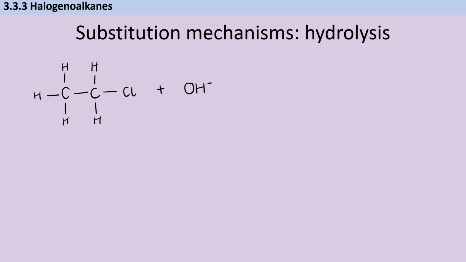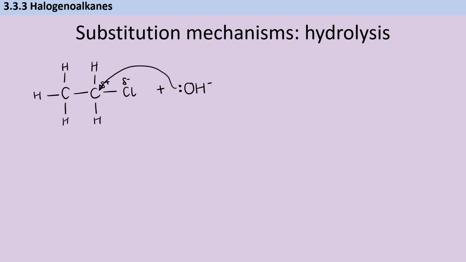The first thing I'm going to do when I'm drawing this mechanism is make sure that my nucleophile has got a lone pair on it. And then I'm going to mark up my carbon-halogen bond to show that the carbon is slightly positive and the halogen is slightly negative. So then I'm going to draw my first arrow, and remember it's going to go from the lone pair of electrons to the slightly positive carbon.